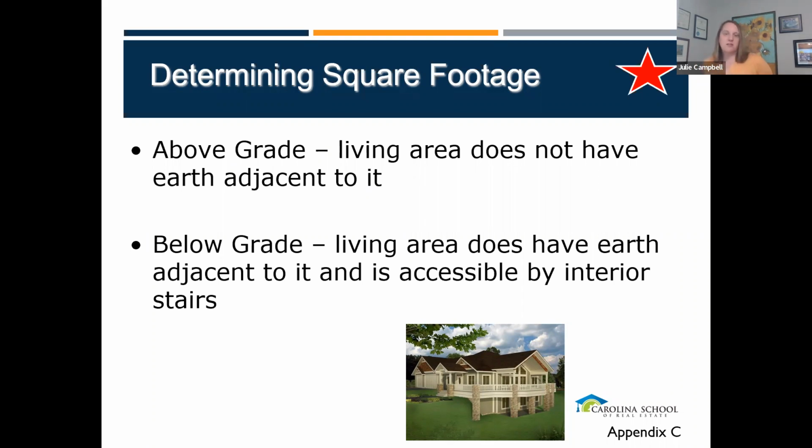Think of this section as a workbook, an exercise. 752 is a 2-story with an open foyer. 754 is a 2-story with a bonus room. 756 is a split foyer. You see what we're doing here? It's a little workbook of various styles.